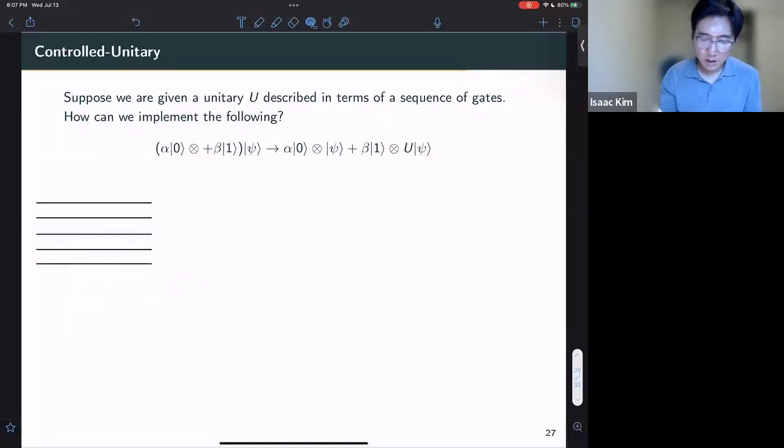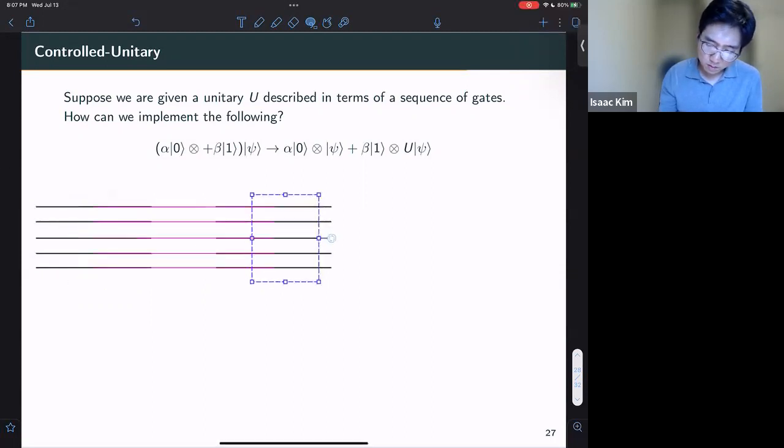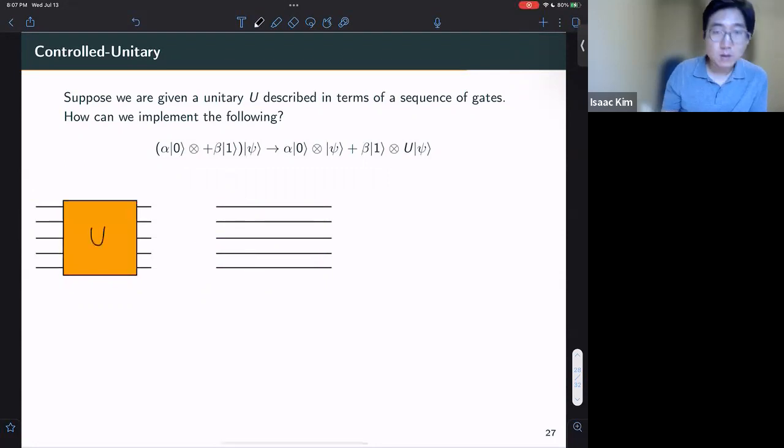I guess in this case we have 5 qubits. And we have some big black box, some unitary. I'm going to call it U. And if we look inside of U, it is actually a sequence of smaller, 1 and 2 qubit gates.